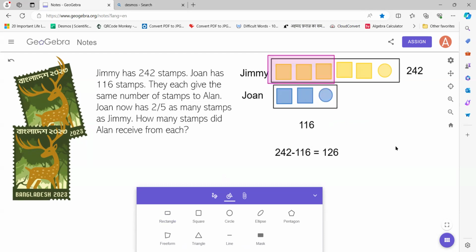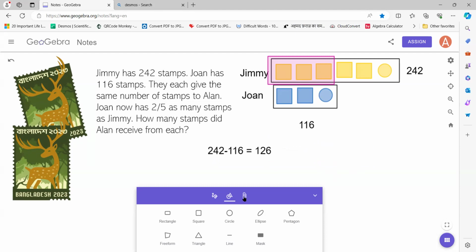Why? Two squares and a circle together are worth 116. So here, two squares and a circle must also be worth 116. When you subtract 116 from 242, you get 126. Three squares must be worth 126.